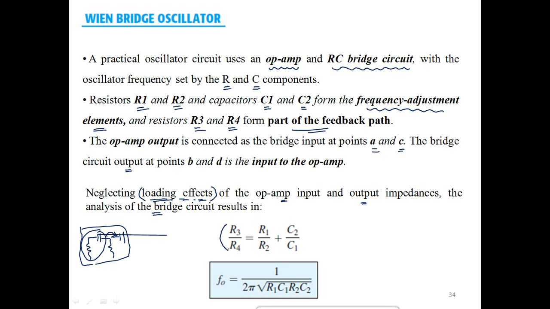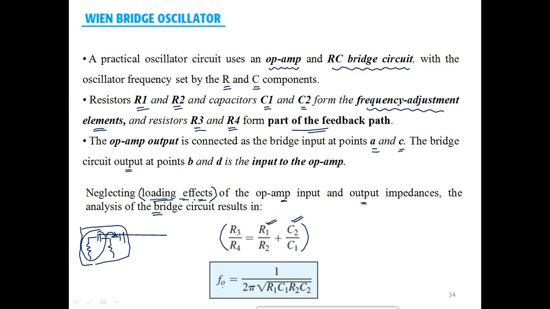By this particular expression, R3 upon R4 can be given as the summation of two subterms, where the first term is R1 upon R2 and the second term is C2 upon C1. So it's good to remember this expression.